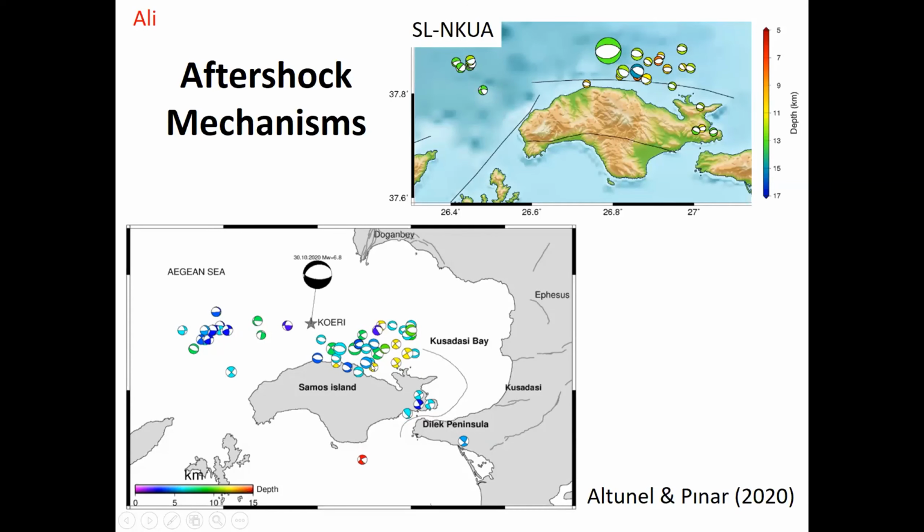So within the stress tensor that is acting in the region, both the strike slip and the normal faulting are favorable for rupture. And that's why the coexistence of normal and strike slip mechanisms actually is not a surprise.